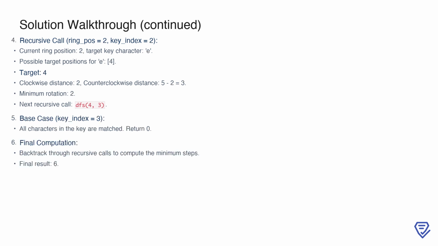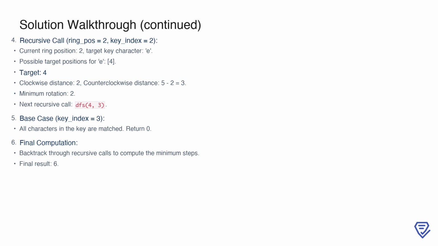Now, at ring position 2 and key index 2, the target character is E, located at position 4 in the ring. For this position, the clockwise distance is 2, and the counterclockwise distance is 3. The minimum rotation is therefore 2. A recursive call is made to DFS 4, 3 to handle the next state.